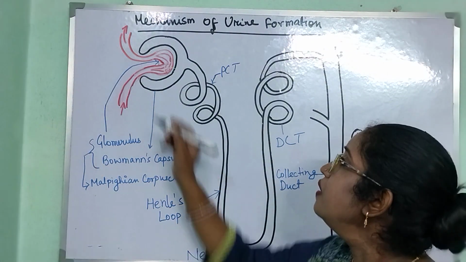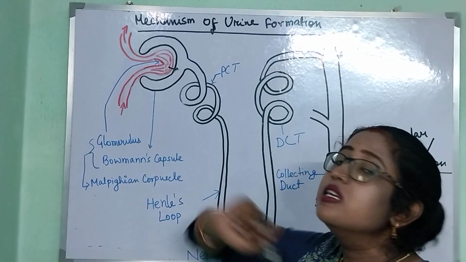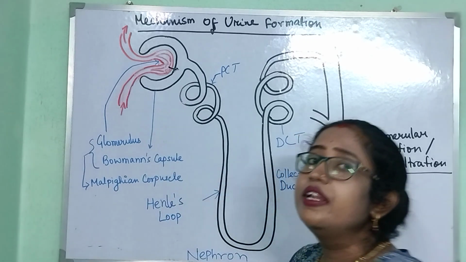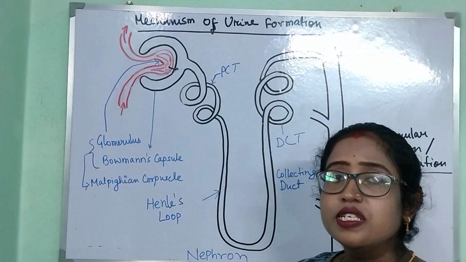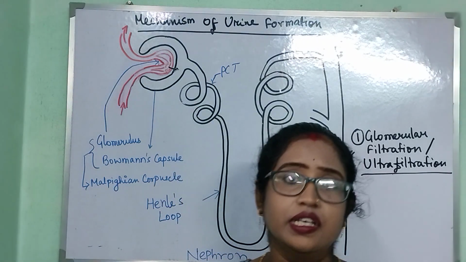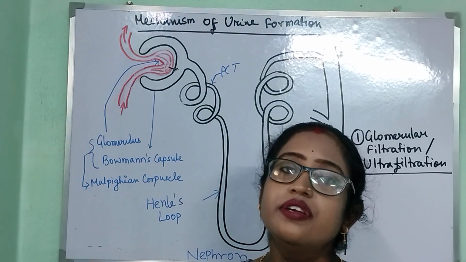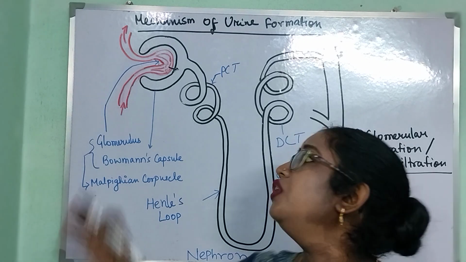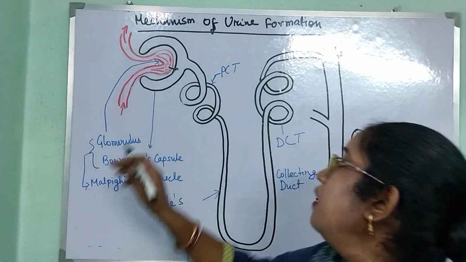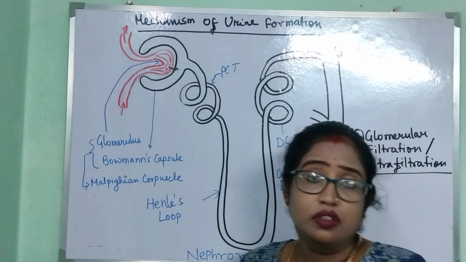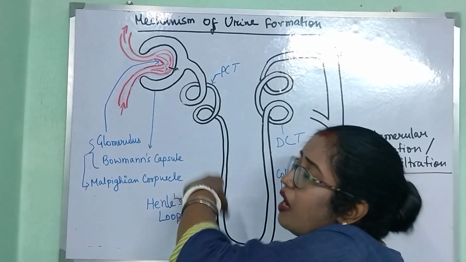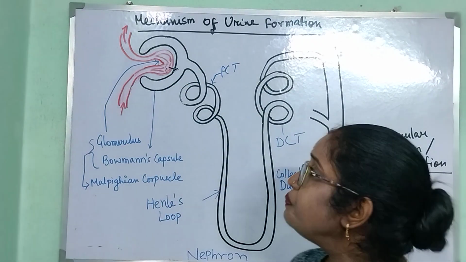Both membranes are very thin and semi-permeable. The blood is under very high pressure at the glomerular region, that is, the blood carried by the renal arteriole is under very high pressure. Due to this high pressure, the diffusion process occurs very fast, and the filtrate, or the waste materials, filter rapidly into the Bowman's capsule.